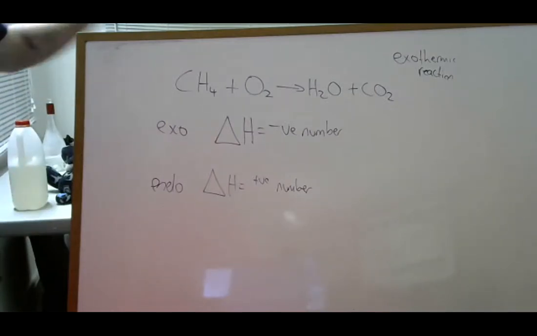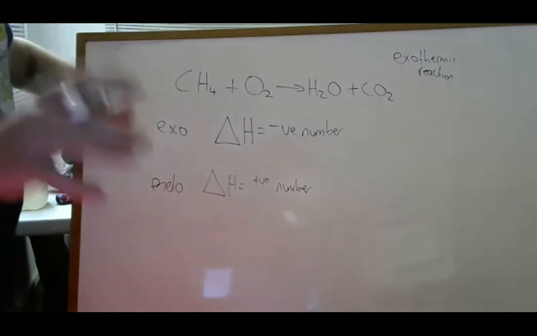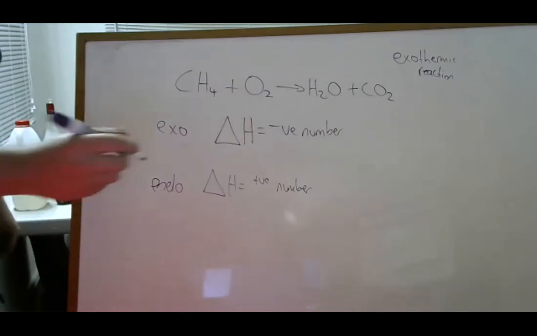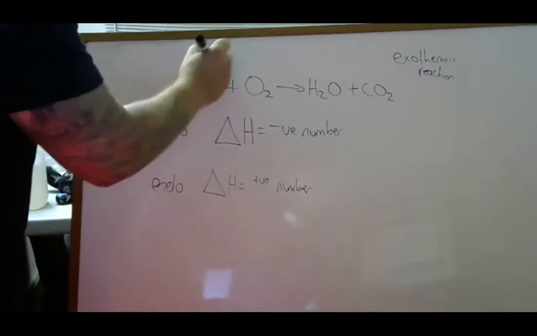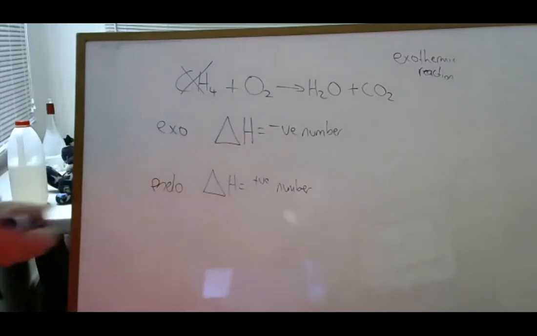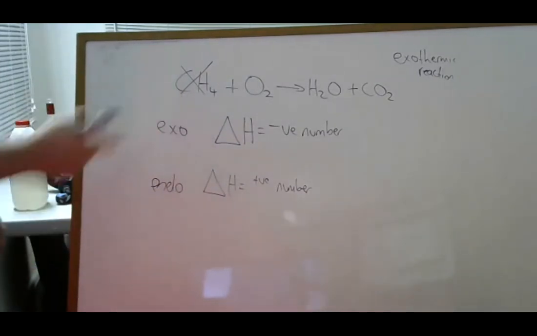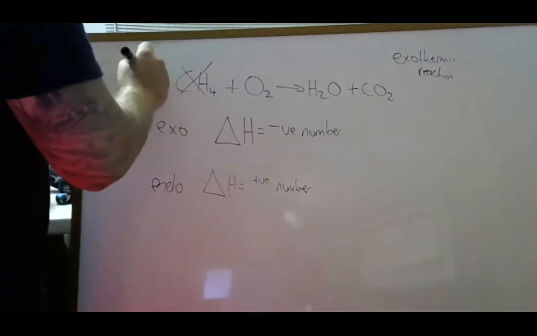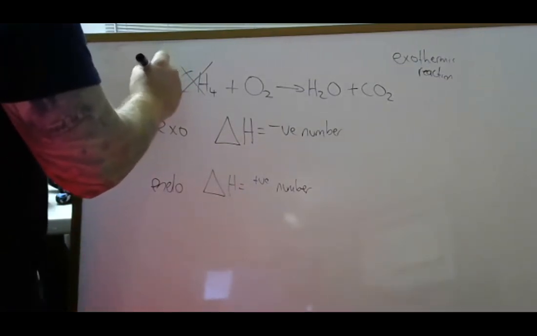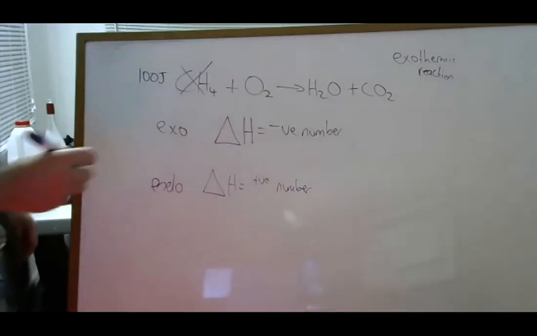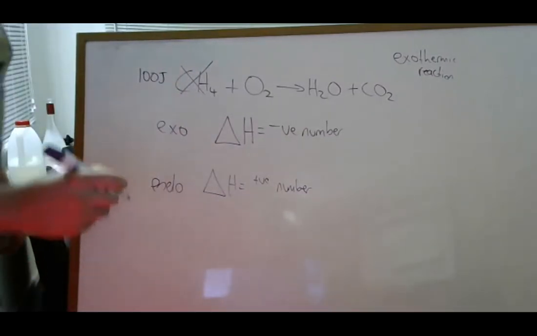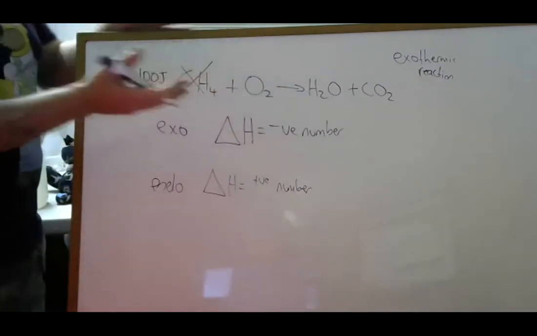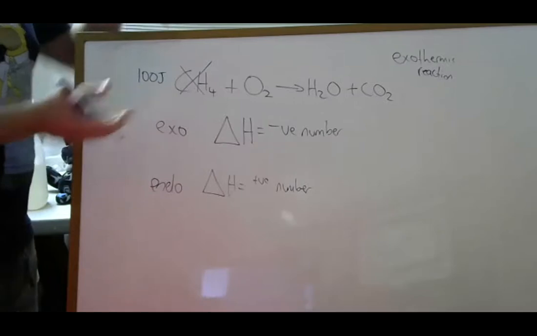I'm going to make up some numbers here, so don't look them up later. Let's say, to break the bonds of CH or methane, we need 100 joules. So when we burn this side, we input 100 joules of energy.